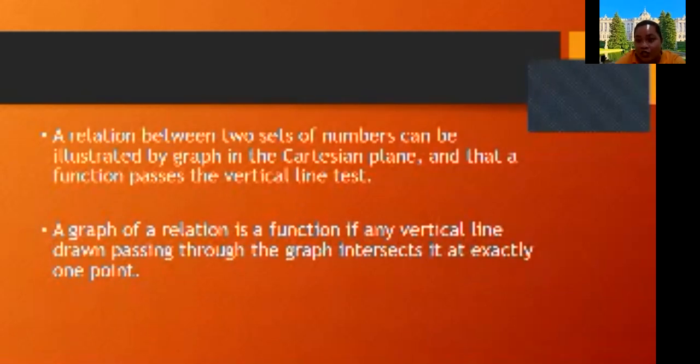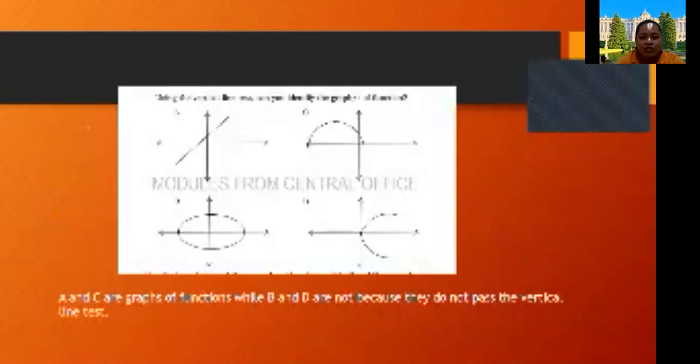If it intersects more than one point, then therefore it is no longer a function. Kung one point ra siya ma-intersect, function. More than one point, dili na siya function.